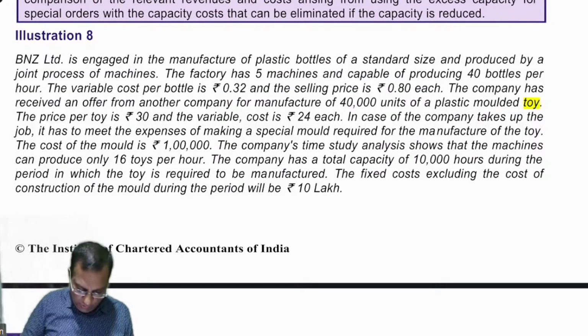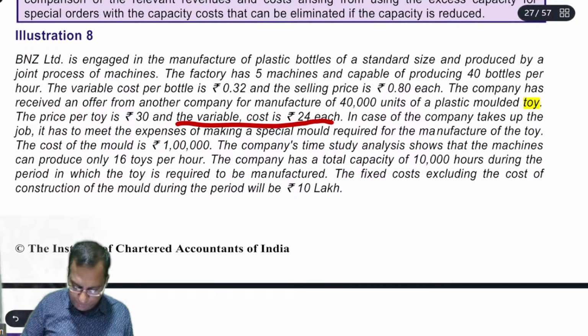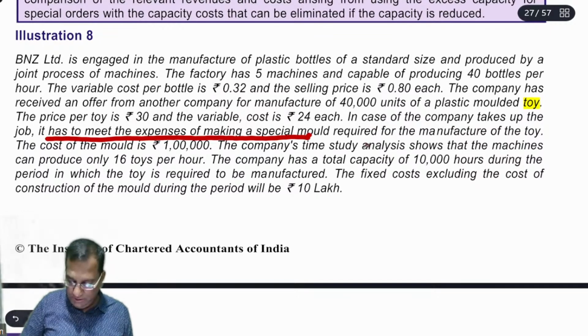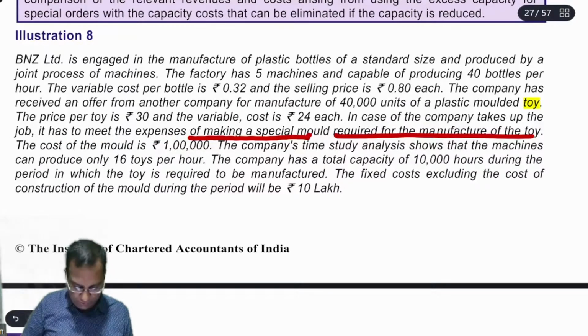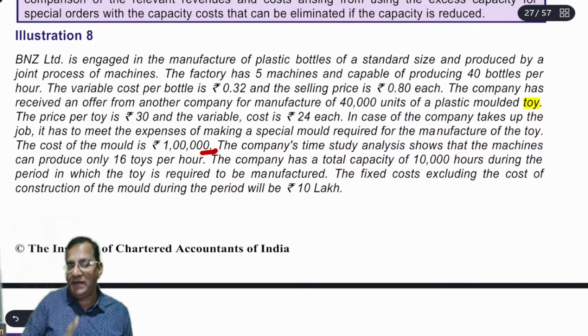Now the price per toy is rupee 30 and the variable cost is rupee 24 each. In case the company takes up the job, it has to meet the expenses of making a special mold required for the manufacture of the toy, and the cost of the mold is 1 lakh rupee.